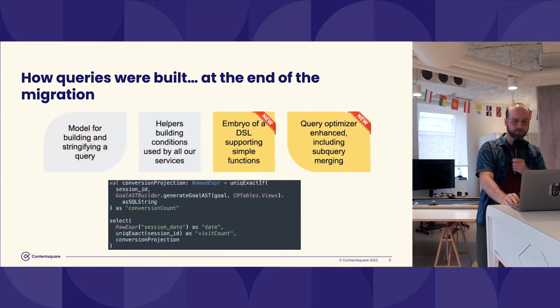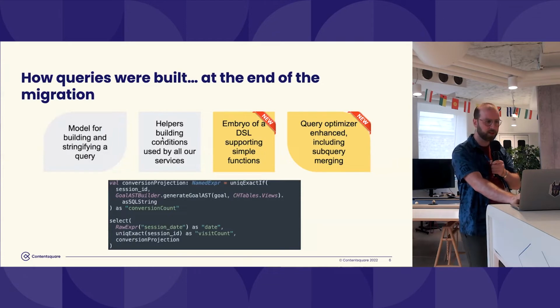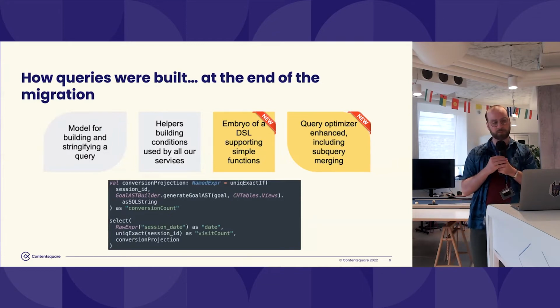One year later, there are much fewer hard-coded strings, and it's much better. The gray fields are things that didn't change so far. But what we can see is that we created some functions and the beginning of a domain-specific language.